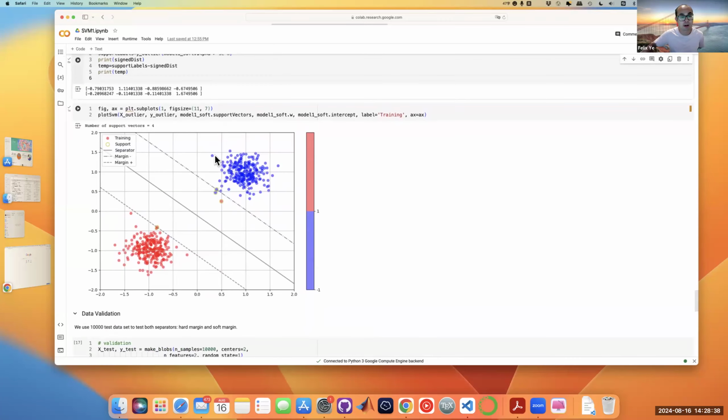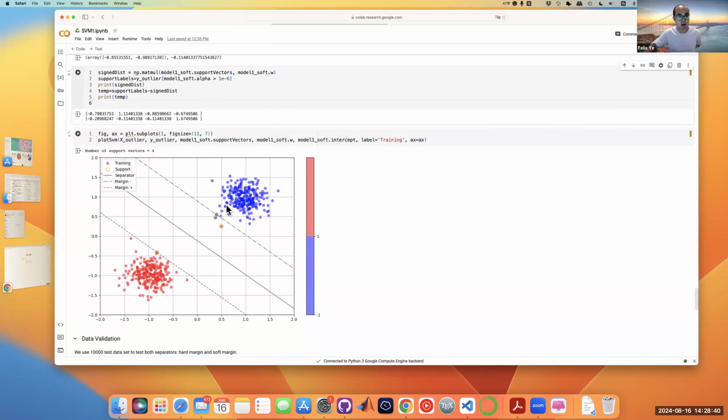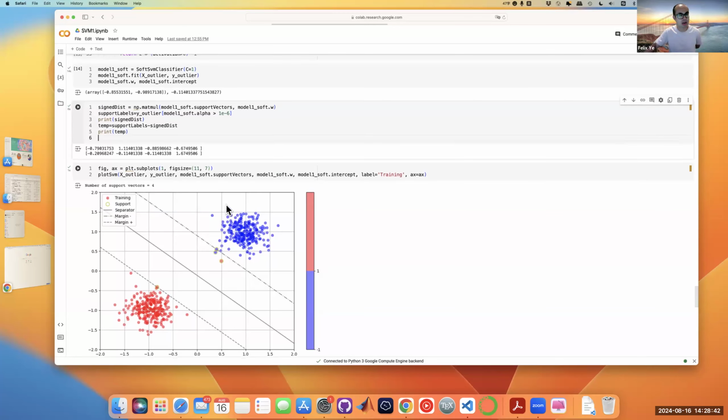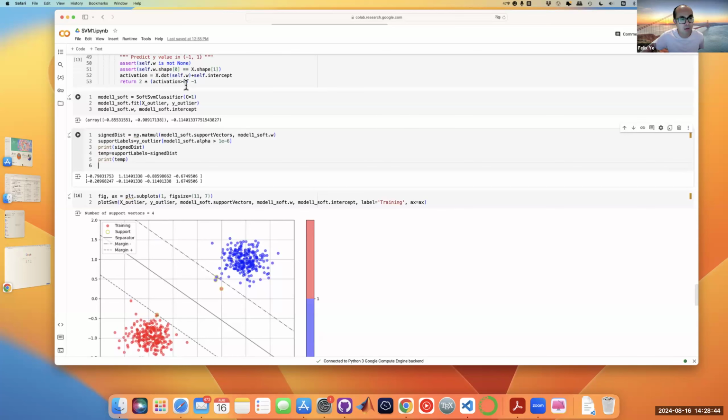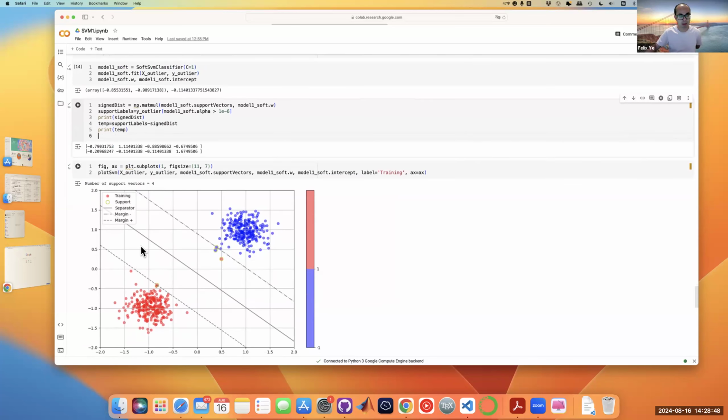So this gives you the whole idea of how to solve this problem. Here we set C, or lambda, equal to 1. There's also one point right here that actually didn't violate the decision boundary, but still goes beyond the margin.